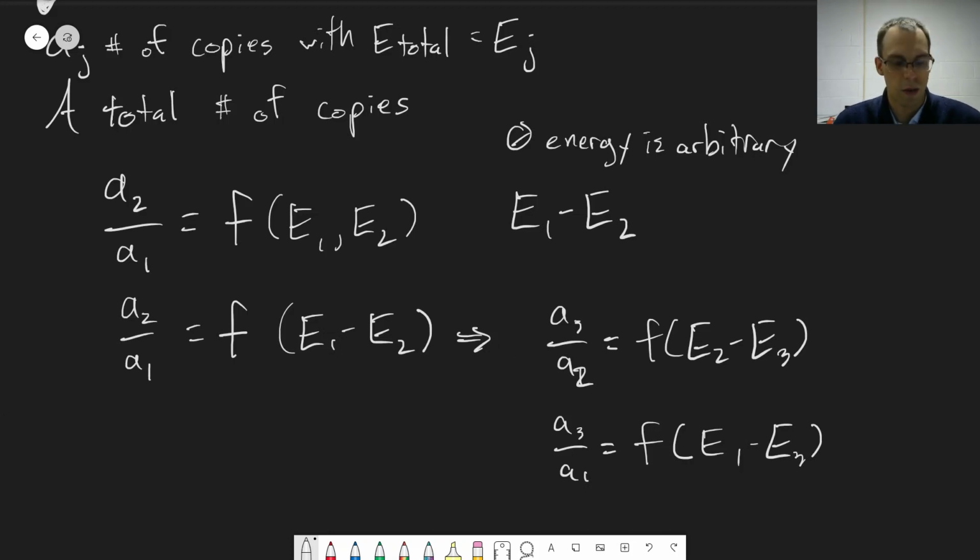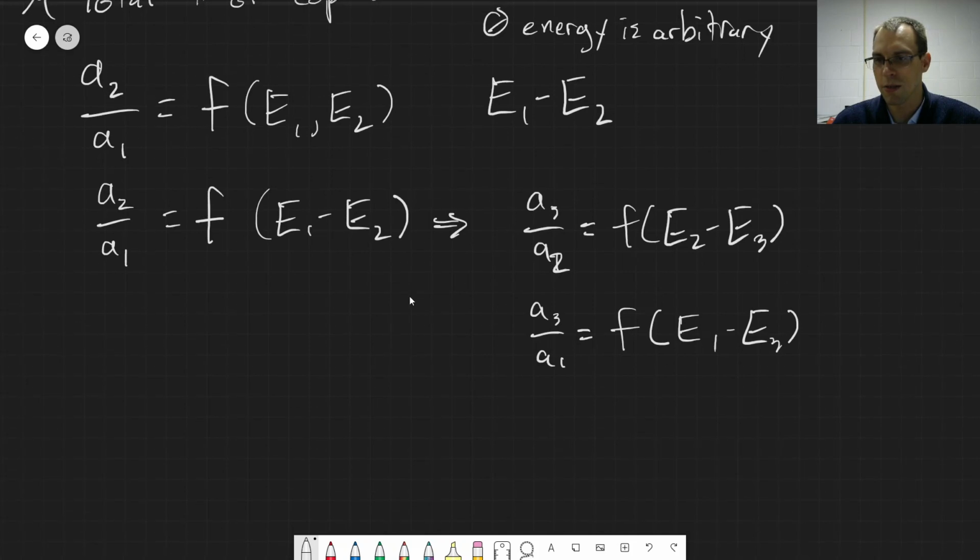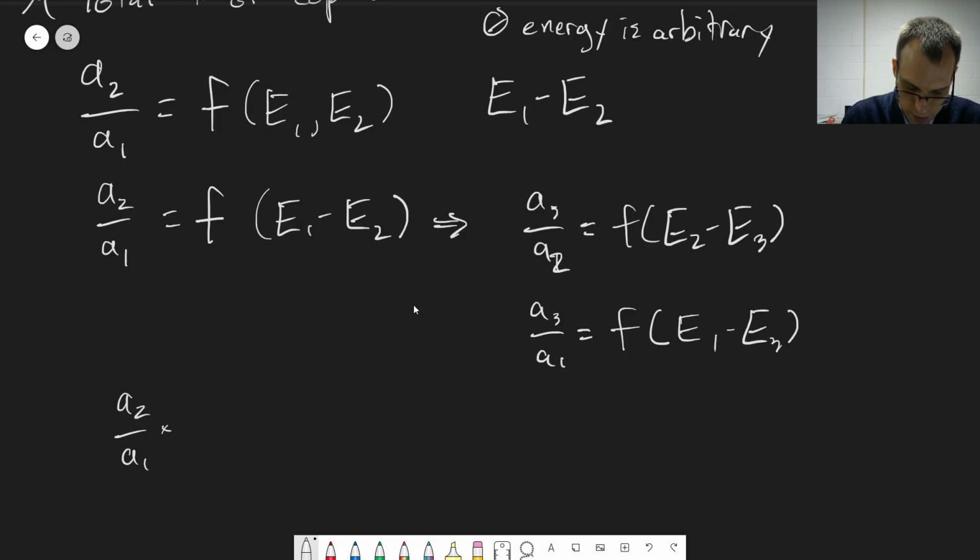Okay, and so one other property that has to be satisfied by this function is that if we multiply A2 over A1 times A3 over A2, the A2s are going to cancel, and we should get A3 over A1.